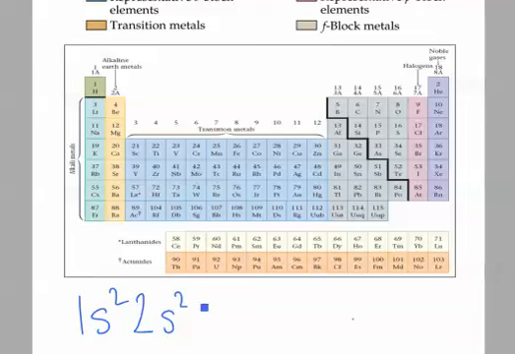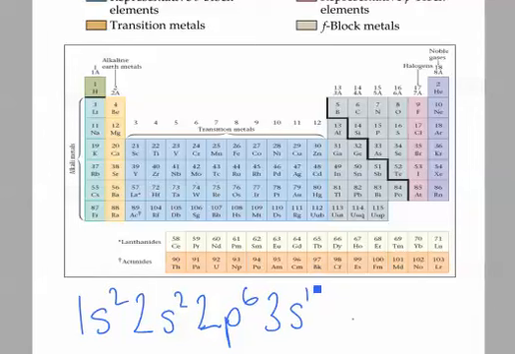Then we are going to put electrons in our 2p orbitals, so that we have a total of 3 p orbitals, so that's a total of 6 electrons. This brings us to neon. And then coming over here down to our 3s level, we have 1 more electron.